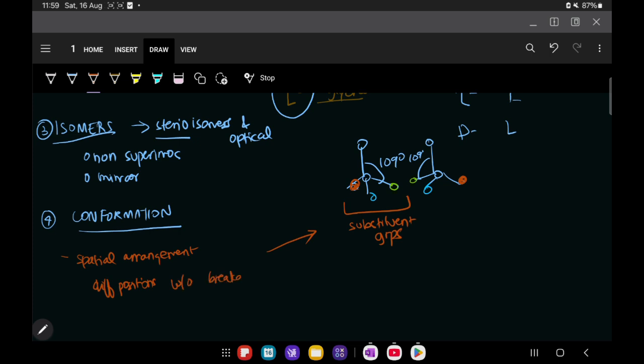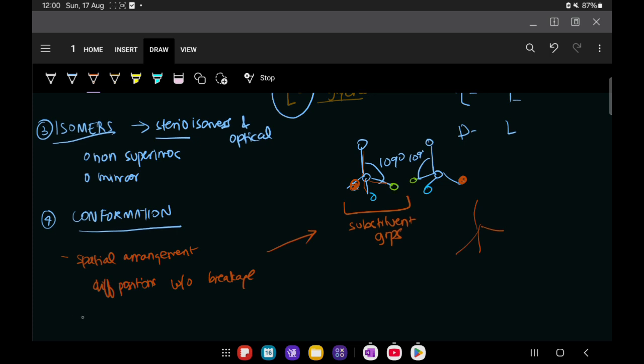The same groups together can have different conformations. They'll be bonded in this way, but in 3D space there are numerous kinds of positioning, any angle that can change, and it's not going to break the bond.